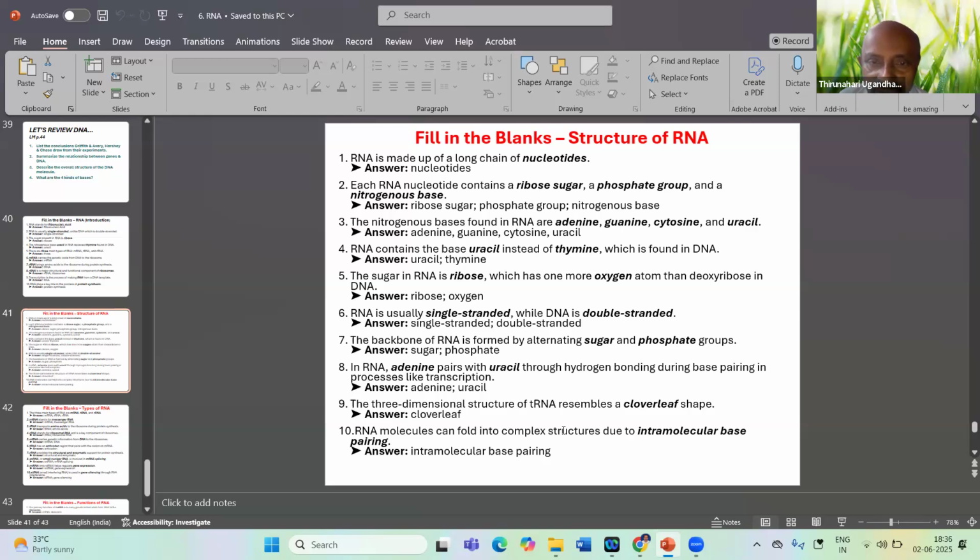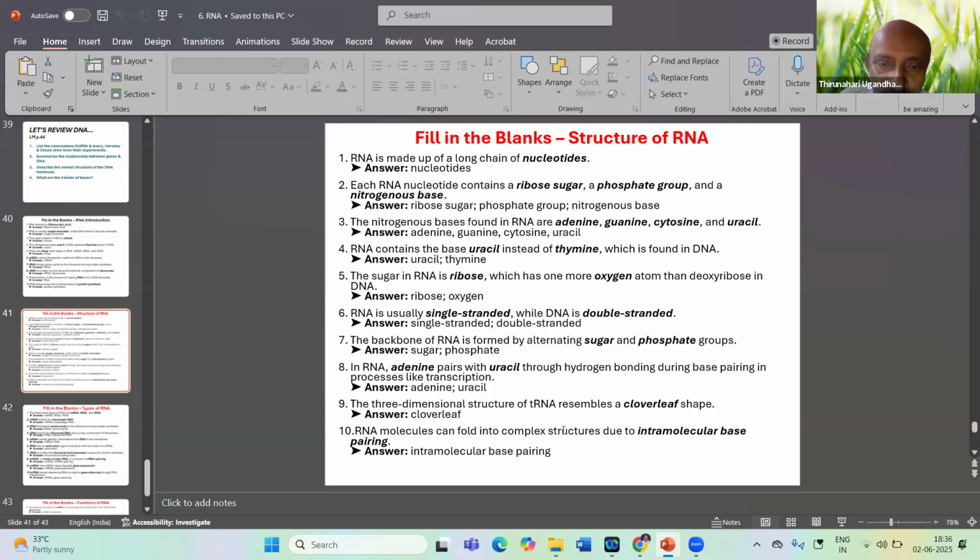The nitrogenous bases found in RNA are adenine, guanine, cytosine, and uracil. Uracil replaces thymine. RNA contains the base uracil instead of thymine, which is found in DNA.